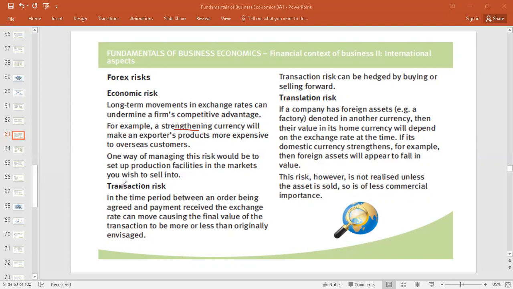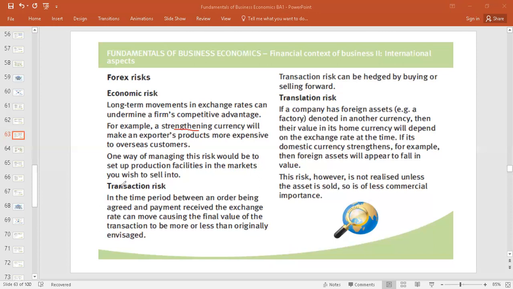Translation risk is if there are investments into assets made by any company, on the day when the financial reports have to be disclosed. The assets which are in foreign countries have to be consolidated.